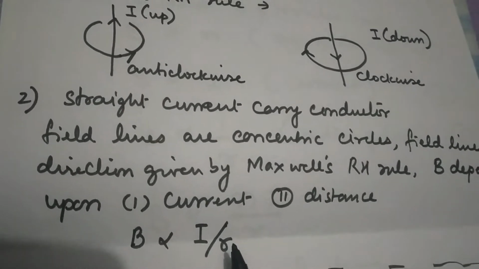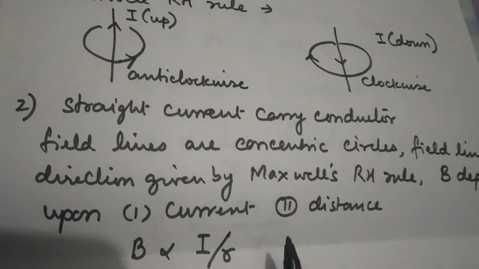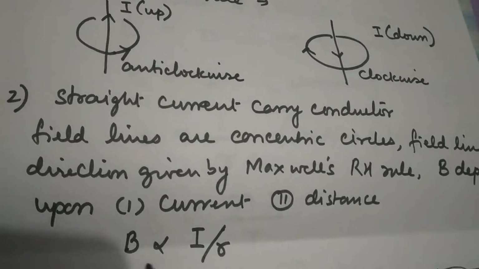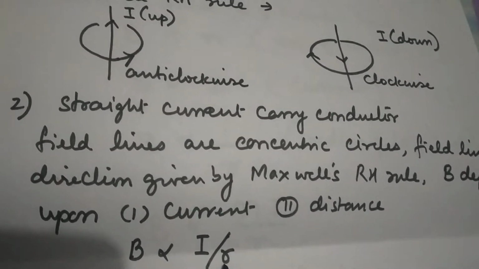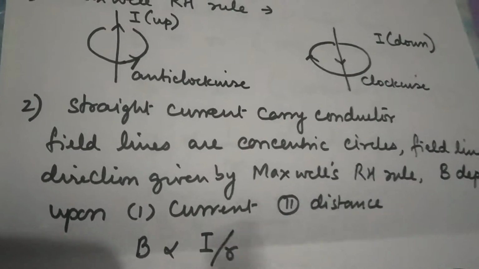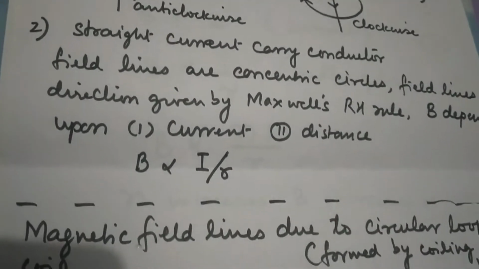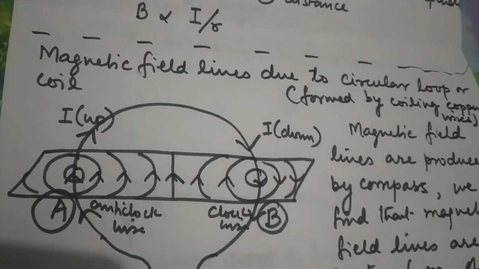If you go away from the straight conductor, the magnetic field decreases. It means if R increases, B will decrease.